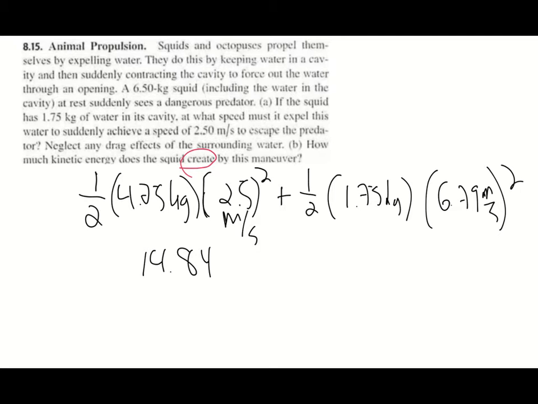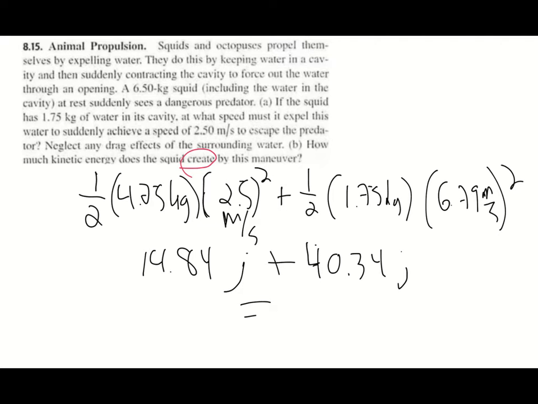When we calculate the first, we get 14.84 kilogram meters squared over second squared, which conveniently works out to joules, plus the other part here, which we get 40.34 joules also.